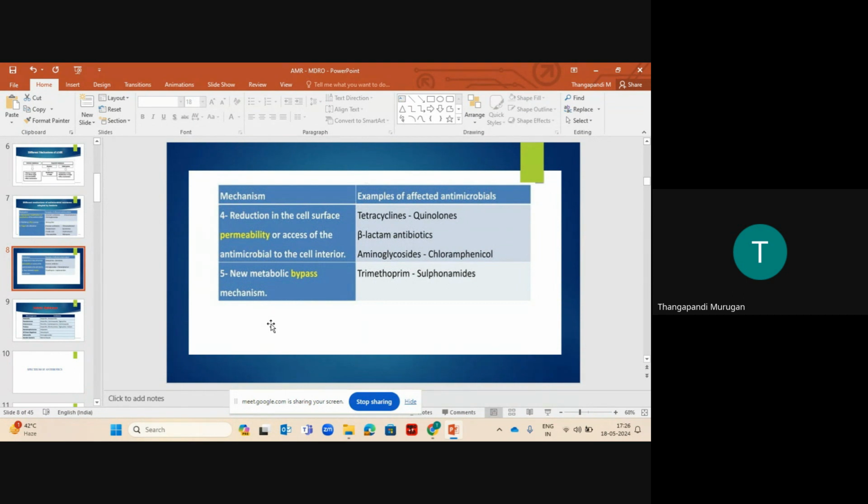That is how trimethoprim and sulfonamides are getting resisted. In most of the culture reports, you might have seen that trimethoprim and sulfamethoxazole remained sensitive for most of the organisms, but it is not going to be the same anymore.